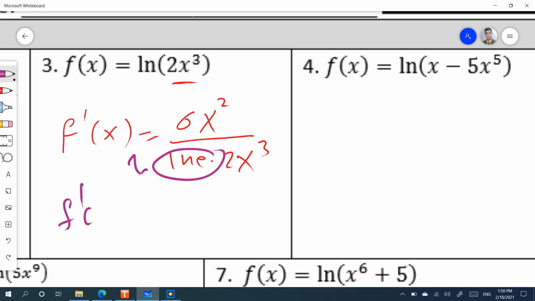Therefore the derivative of this function will be 6x to the power 2 divided by 2x to the power 3.